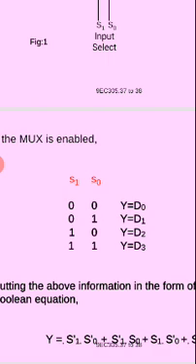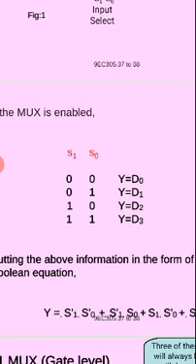It means the D1 input line is selected as output. For 1 0 combination, D2 input line is selected, or D2 will be allowed to transmit. For 1 1 combination, output is D3.